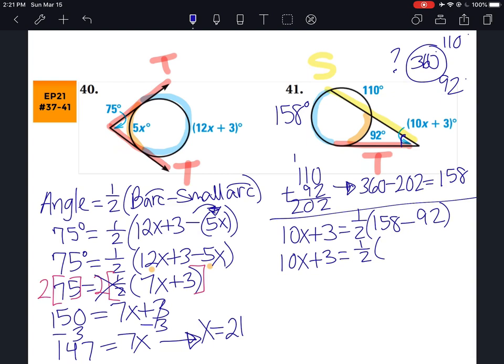And all I have to do is subtract 158 minus 92. So I'm going to get a 66. Then you take half of 66 because it is divisible by 2. And you get 33. Subtract 3 and you get 30. Divide by 10 and you get 3. And that's how you do number 41.